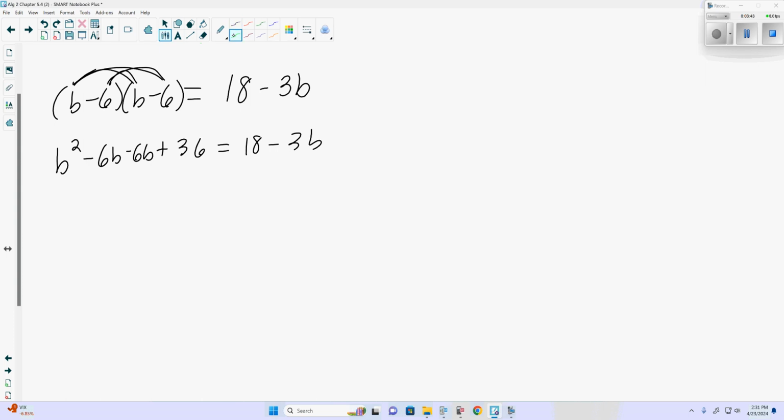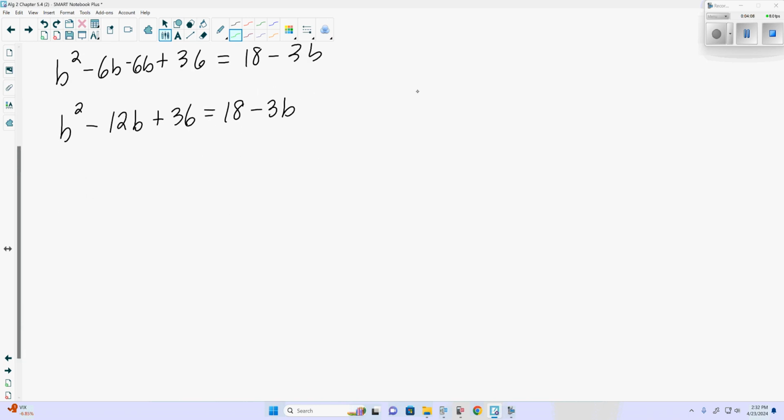Unfortunately, with b minus 6 squared, we don't just get b squared plus 36. It actually works out to be b squared minus 12b plus 36. So we have to be careful because otherwise we would lose that middle term of negative 12b. Are there any radicals left?